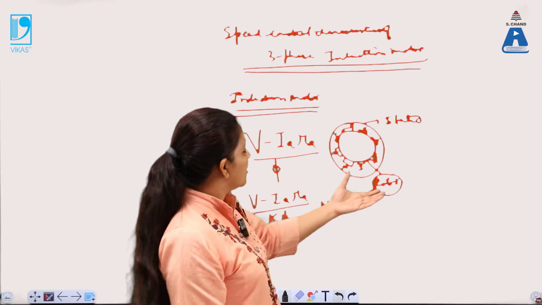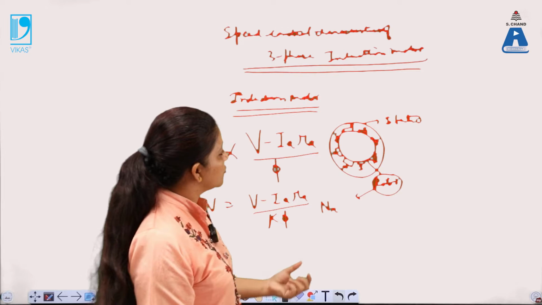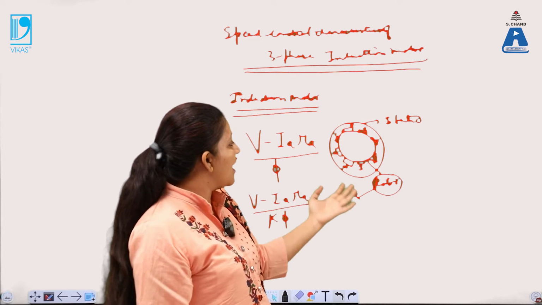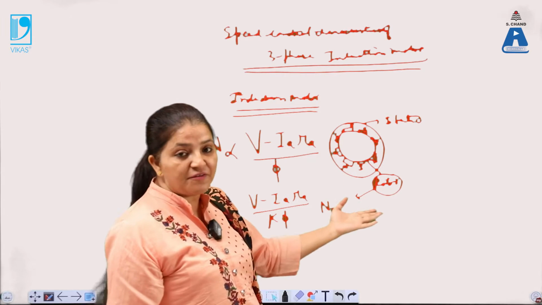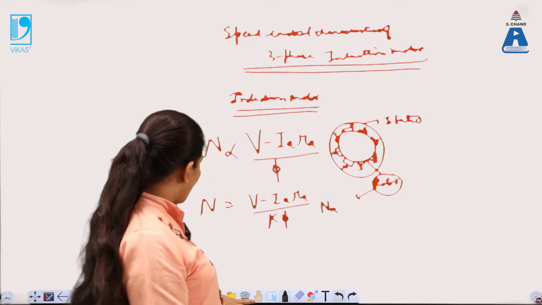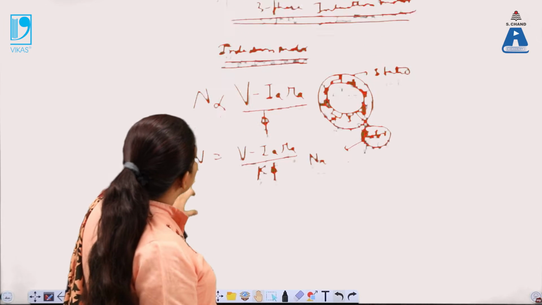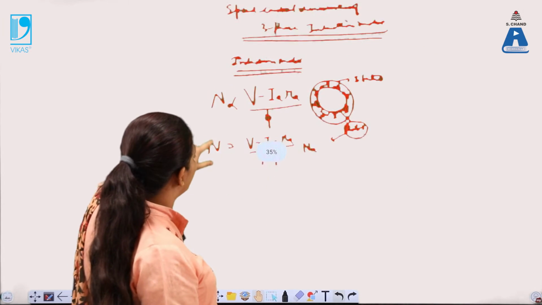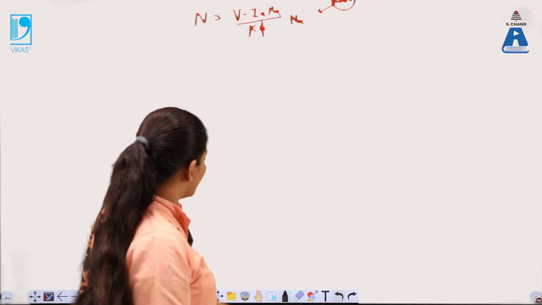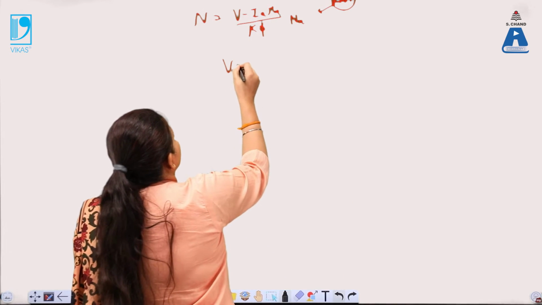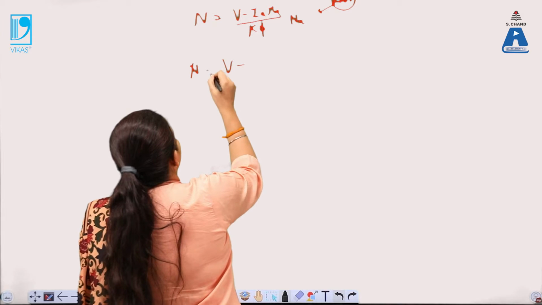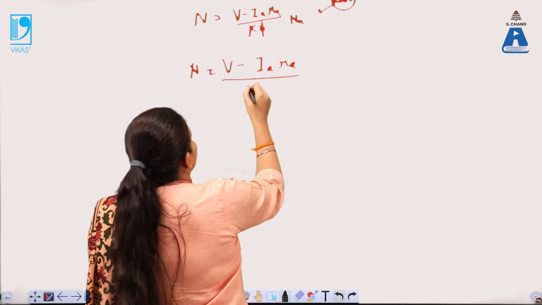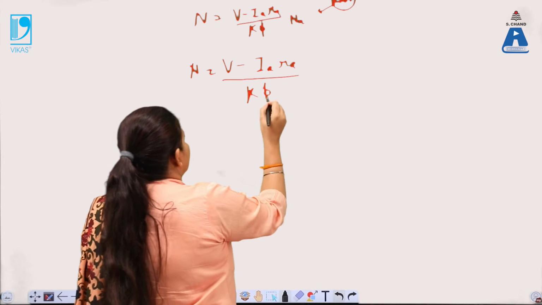Now, in the induction motor, these are the main parts. One is the static part, that is the armature coil, and the second, movable part is the rotor, that is the field winding. Now, mathematically, how can the speed be varied? The speed can be given by the formula V minus IA RA upon K into phi.